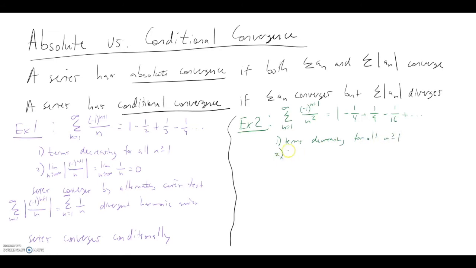And the limit as n approaches infinity for the absolute value of this series, so the absolute value of negative 1 to the n plus 1 over n squared, will be equal to the limit as n approaches infinity for 1 over n squared, which is 0. So this series, just like in example 1, converges by the alternating series test.